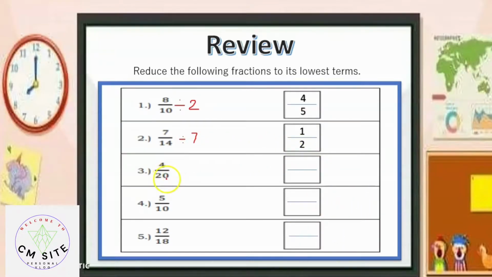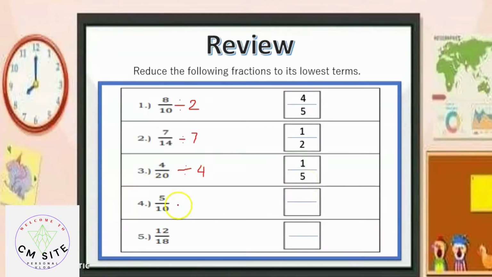Next, 4 over 20. So what is the GCF of 4 and 20? So it is 4. So the answer for that is 1/5. 4 divided by 4 is 1. 20 divided by 4 is 5.